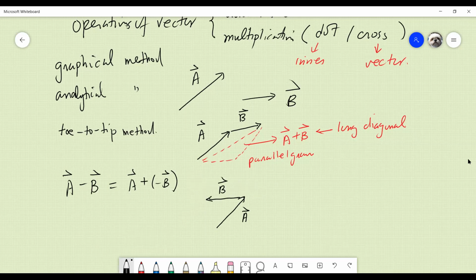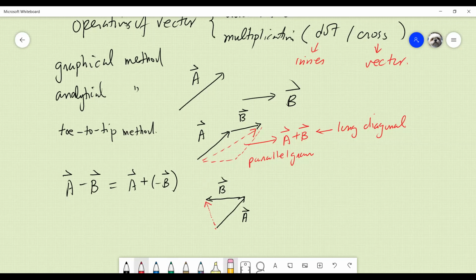Now, according to the tip-and-toe method, you start from here, and then your resultant will be represented by what?